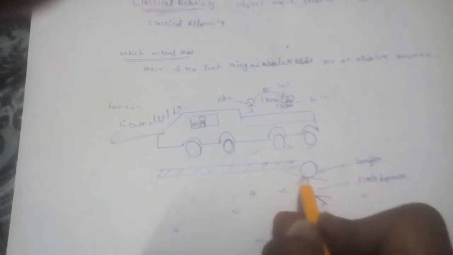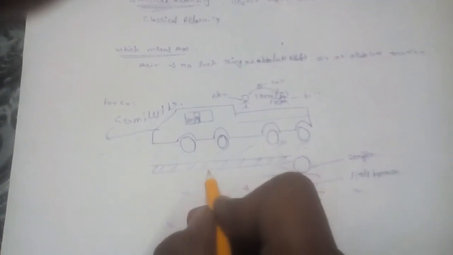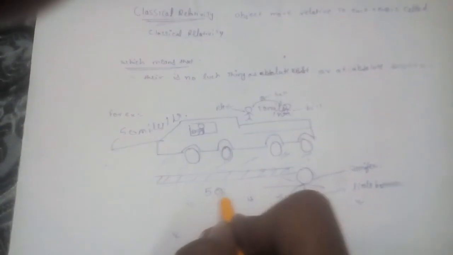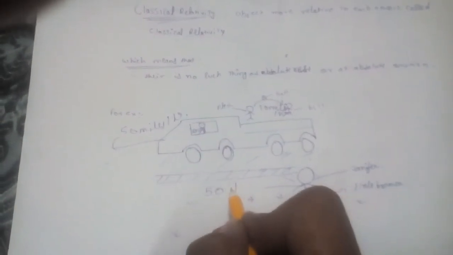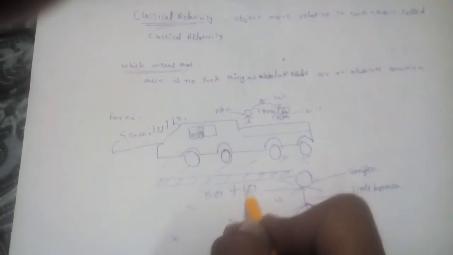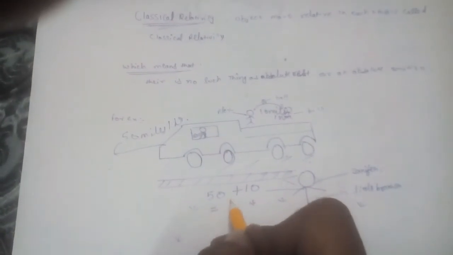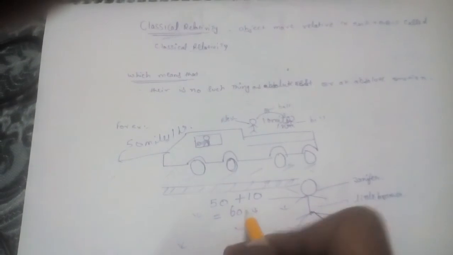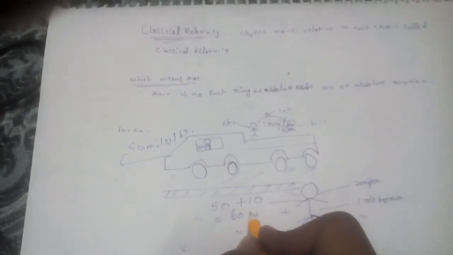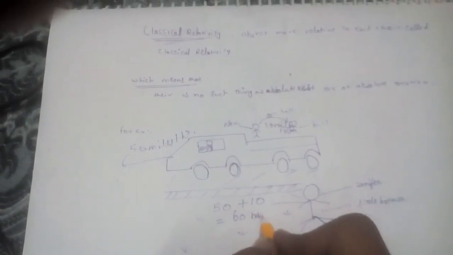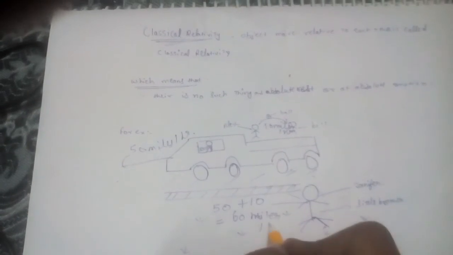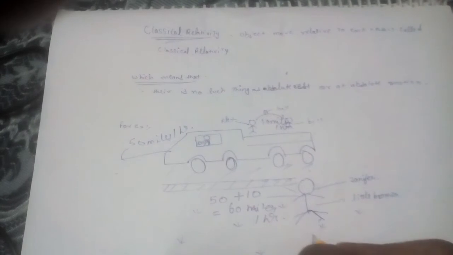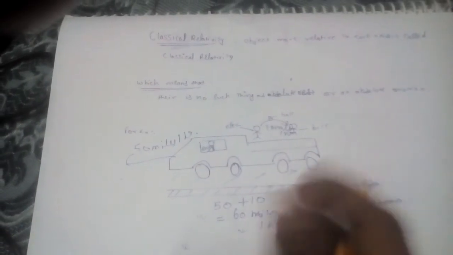Due to this, the brother takes the speed of the truck, which is 50, and the speed of the ball, which is 10, and calculates that the ball is moving at the speed of 60 miles per hour. He has added the speed of the truck and the speed of the ball together.